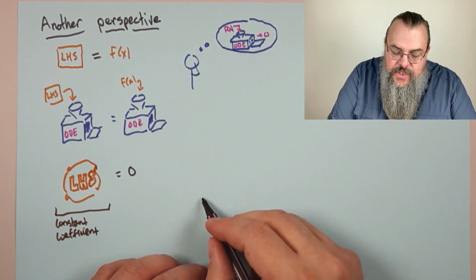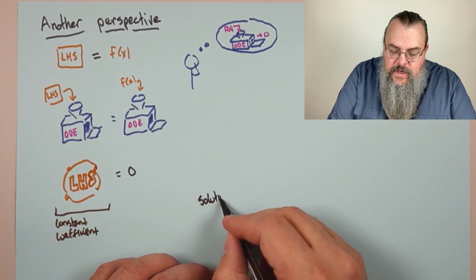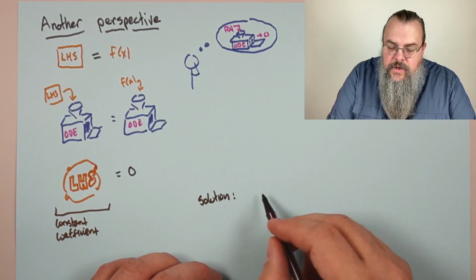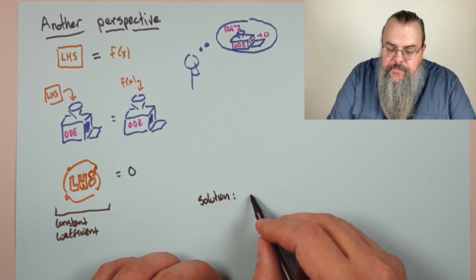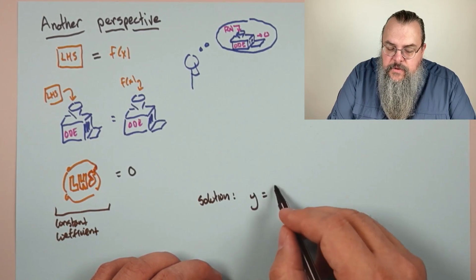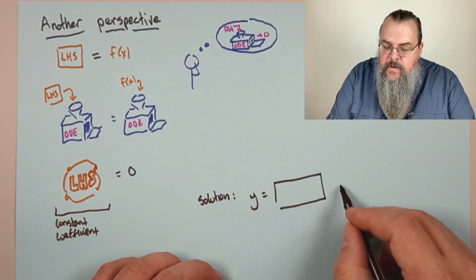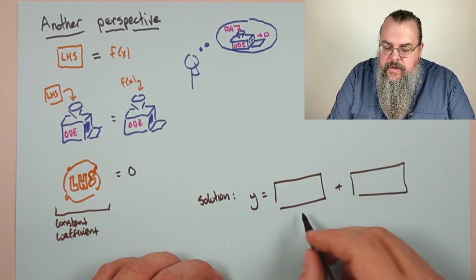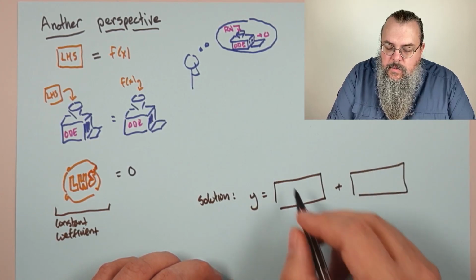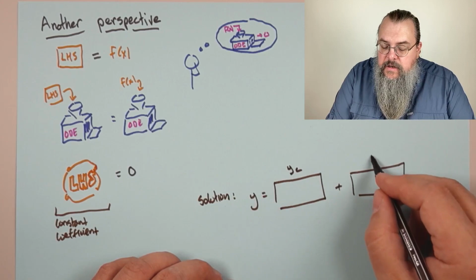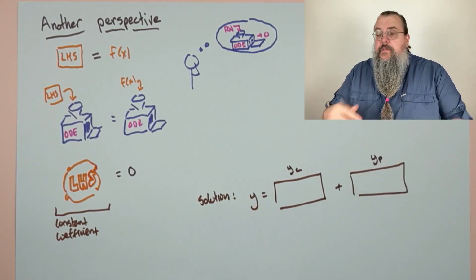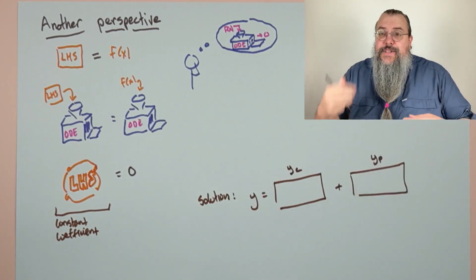So our solution to our original differential equation looks like the following. We have two pieces, our y sub c and our y sub p, right? Because when we're talking about a non-homogeneous differential equation, there are two parts.